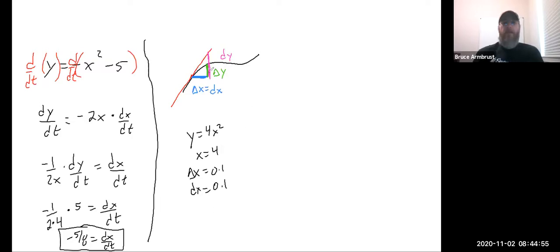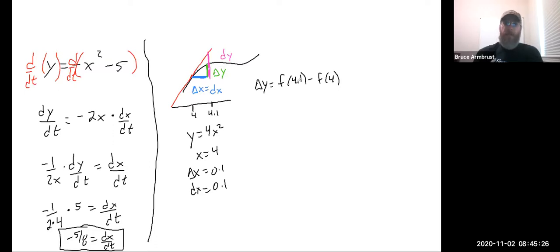Okay, so let's first think about the function difference. So delta y is going to be f of 4.1 minus f of 4. The way that this is playing out, this is 4. This is 4.1. Right, we're told x equals 4 and delta x or dx is 0.1.